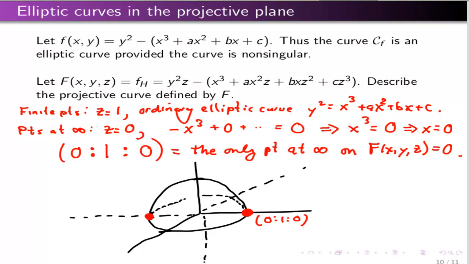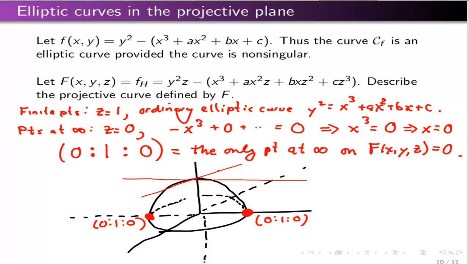And that's equal to this point. And then we have our elliptic curve. So you can think of it as living up here on this z equals 1 plane like that. And let's do the example we did originally.